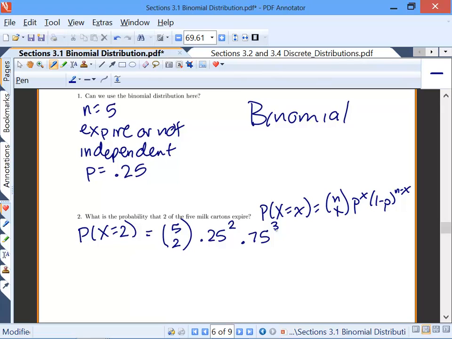Okay. Hopefully you remember where the combination button is on your calculator. I get 0.2636. So there's about a 26% chance that he has to throw away 2 of them next week.